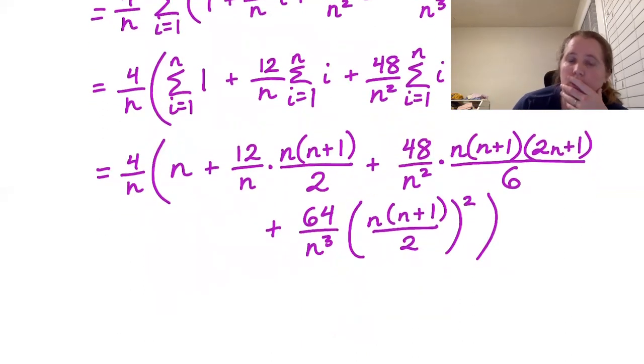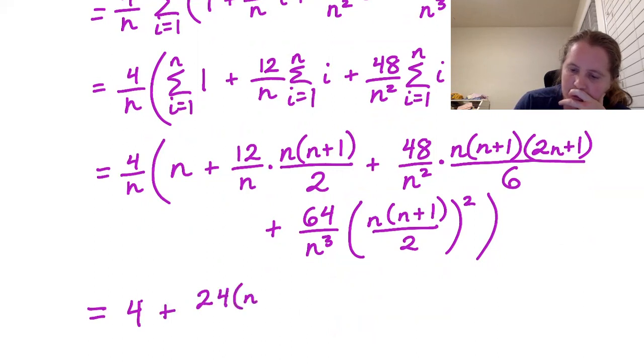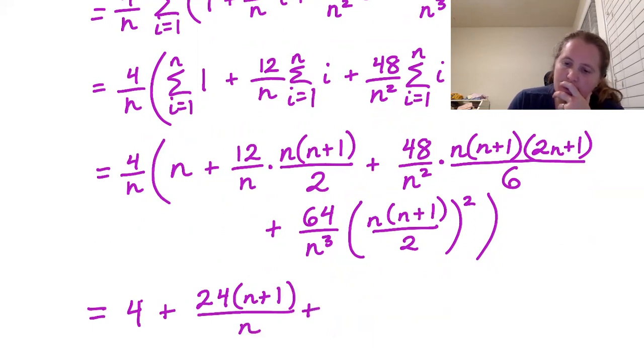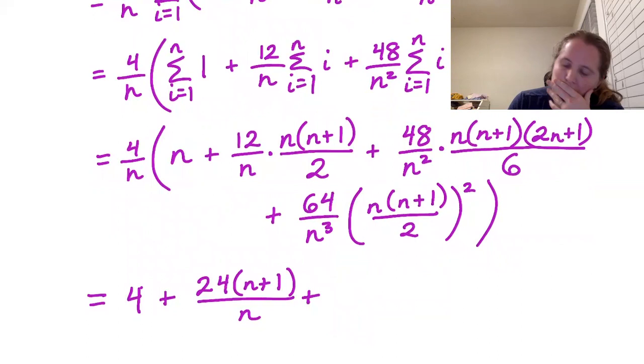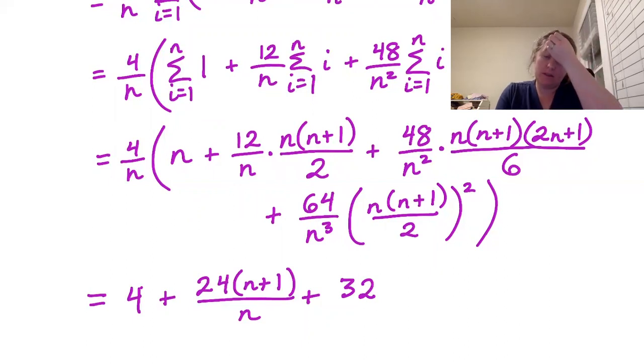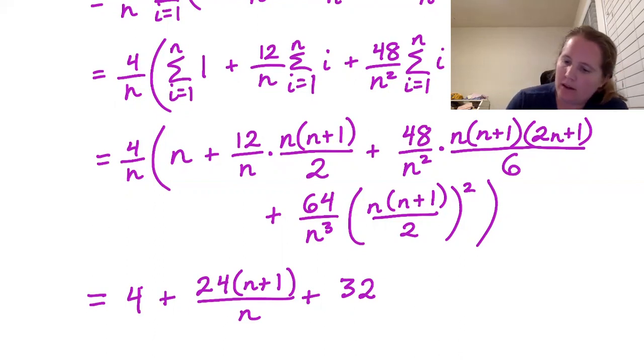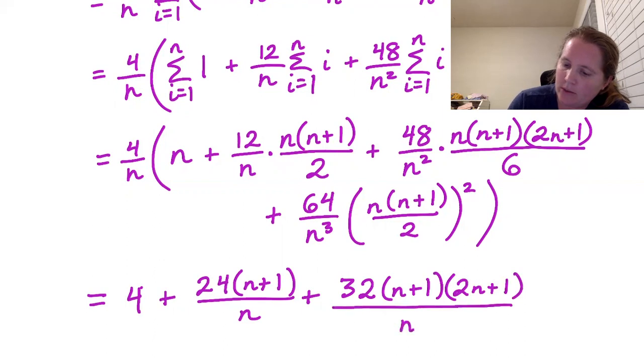If we multiply that 4 over n back in, we are looking at 4 plus 24 times n plus 1 over n. Then we have plus 32, if I did that correct, times n plus 1 times 2n plus 1 all over n squared.